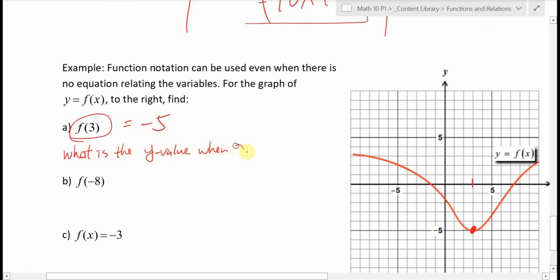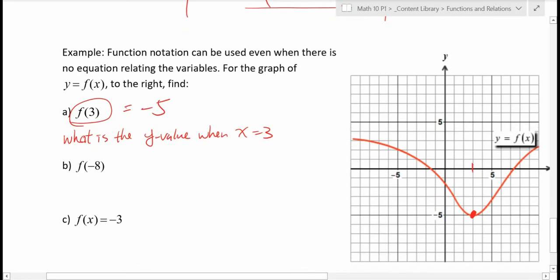Okay, so part B means what is the y value when x equals negative 8. Well, if we go to negative 8 for the x, that's right here, the y value is this point, and the y value there is positive 3.